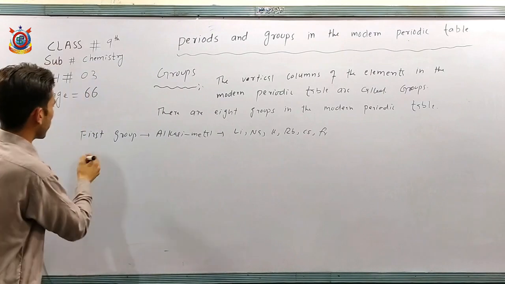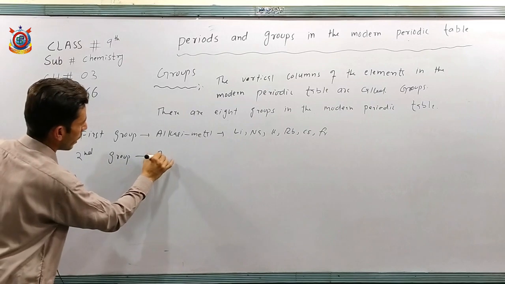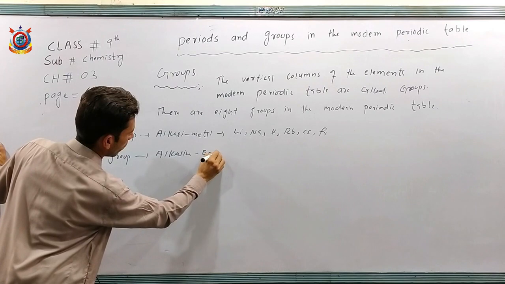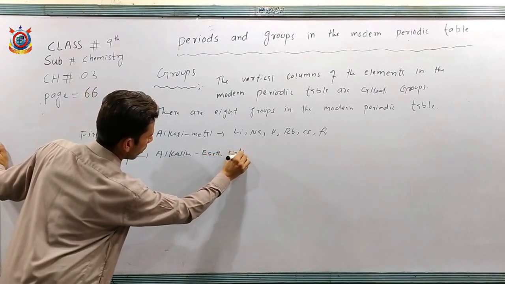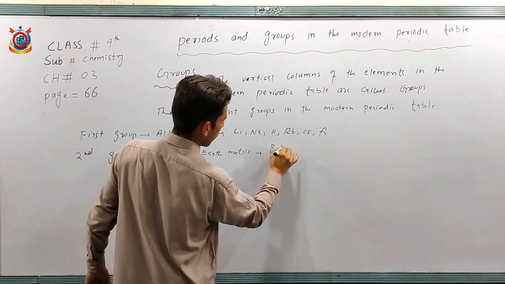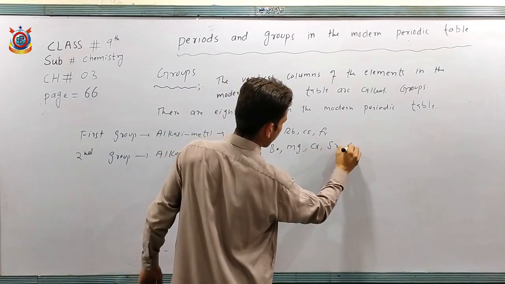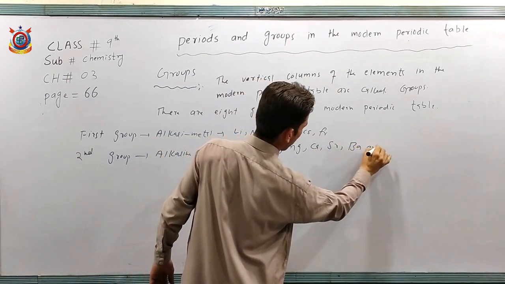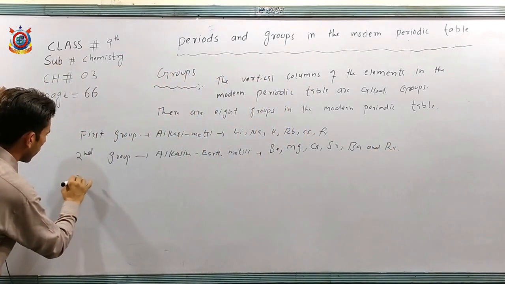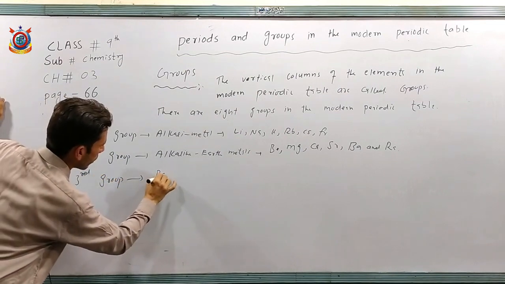The elements of group second are called alkaline earth metals, and it contains elements such as beryllium, magnesium, calcium, strontium, barium, and radium. Group number third is called boron family.